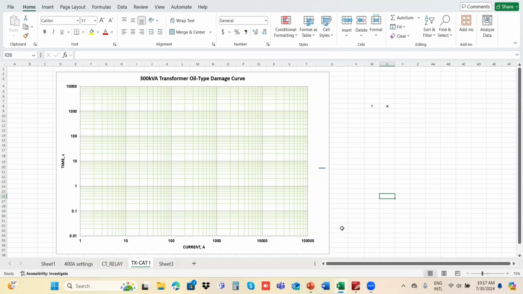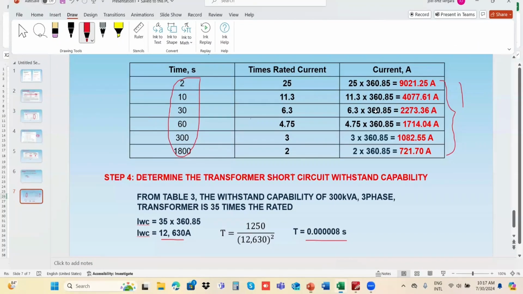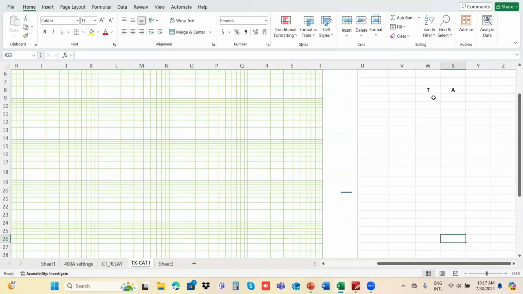Okay, now we will plot the damage curve of the 300 kVA transformer. So we will transfer this time and current to the Excel. So 2, 10, 30, 60. So let's have this. This one is for the time and the other one is for the current.